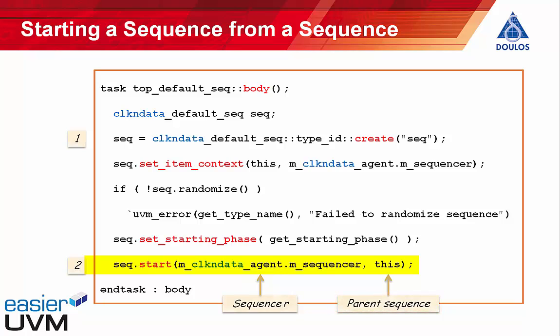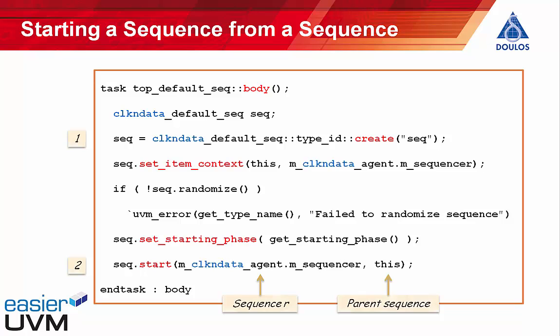So here we're starting our child sequence on the sequencer mClockDataAgent.mSequencer, and we're making sure to set the parent sequence, the second argument, to the current sequence, whose body method we're executing. So that's the case where we're starting a sequence from another sequence.